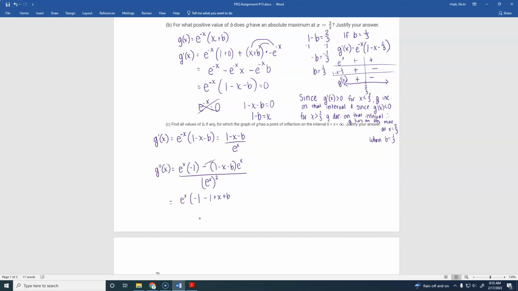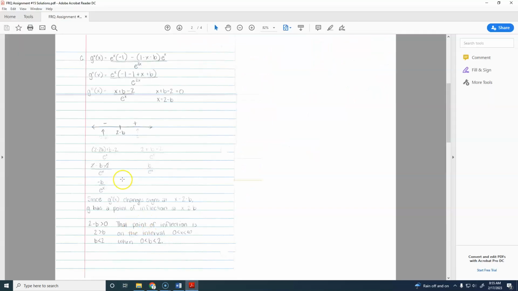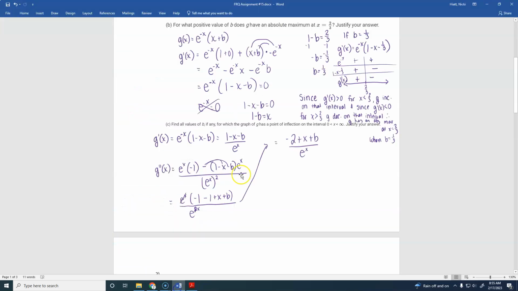I'm just distributing that negative right there, over e to the 2x. And one of those e to the x's can cancel, and you will get negative 2 plus x plus b over e to the x for your second derivative. And let me make sure that's right. X plus b minus 2 over e to the x. Yeah, that's the same.